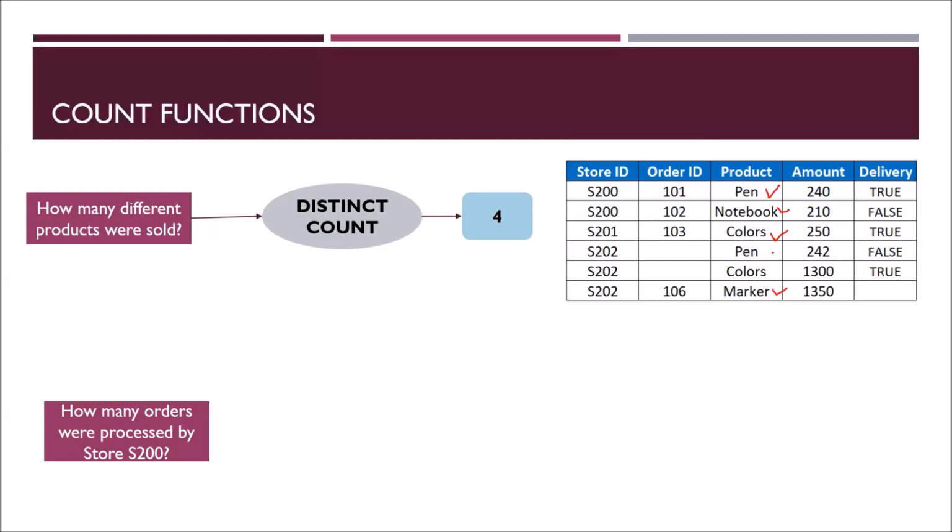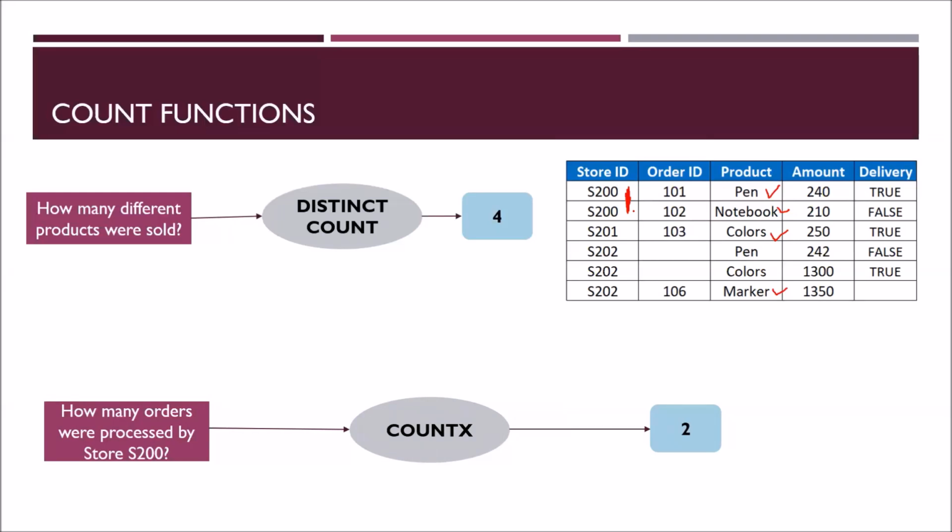Finally, your manager asks you one last question: how many orders were processed by store S200? Now, if you look at the table, only 2 orders were processed from store ID S200, which is in the first 2 rows. So first I have to filter this table on the basis of store ID and then count the number of order IDs. And to do this, I use the countx function, which is similar to sumx, which we saw in the previous video.